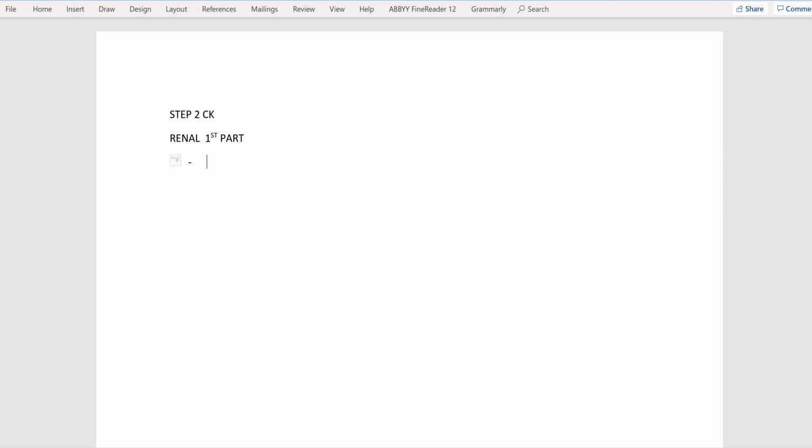If it's less than 20, that means the kidney is functioning and retaining chloride. So there's some sort of dehydration, and if you give them fluid, they're going to get better.